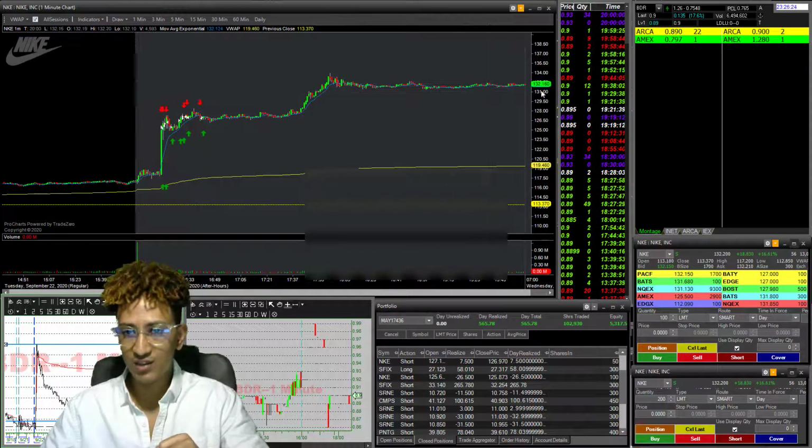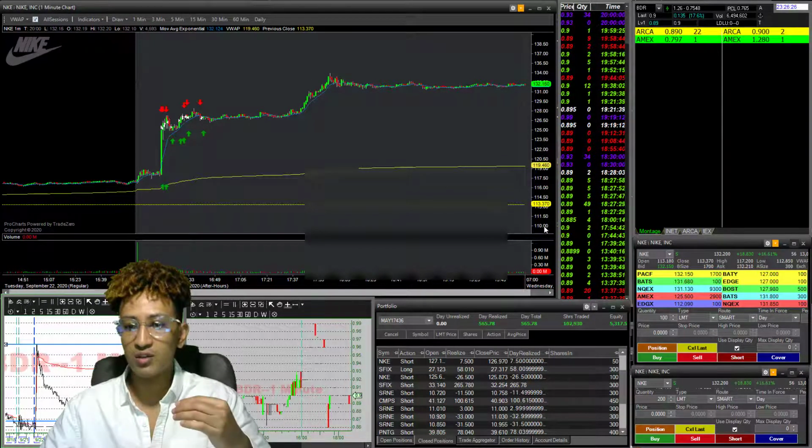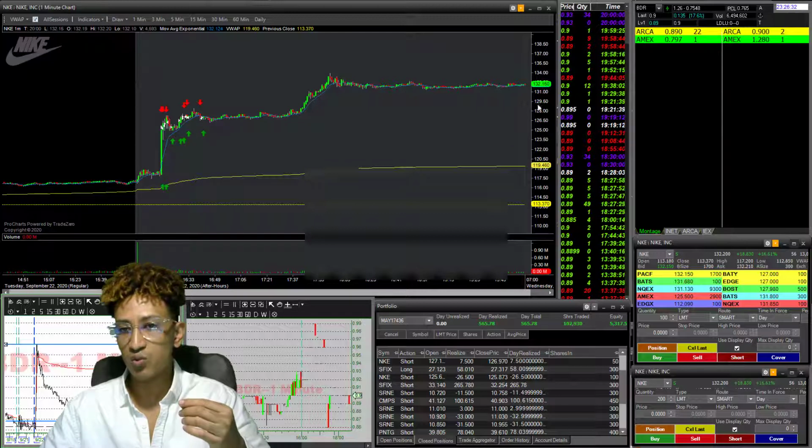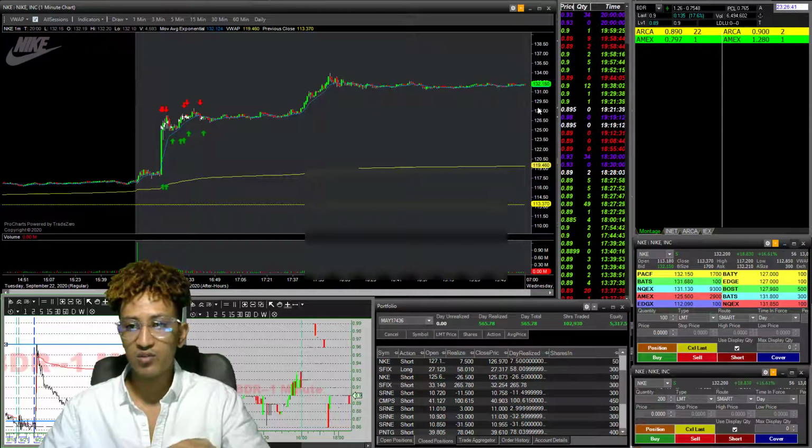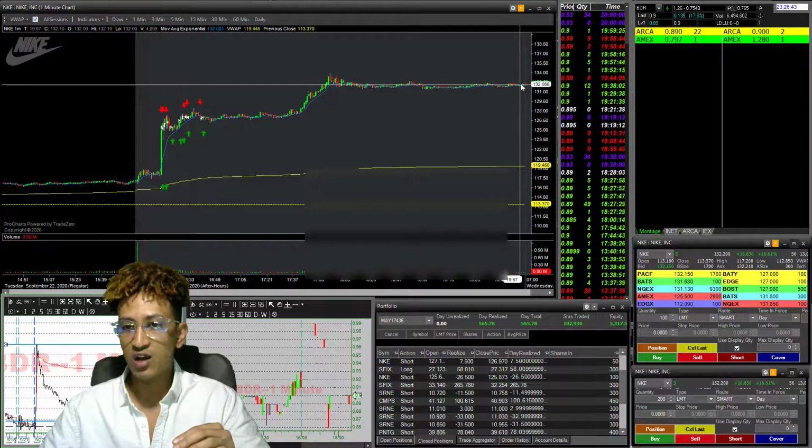And what you're looking at here at the side are the amounts of price. What it means is that when you see 129, it means $129. And this price is set per one share, so this is the value of one share at this particular price.